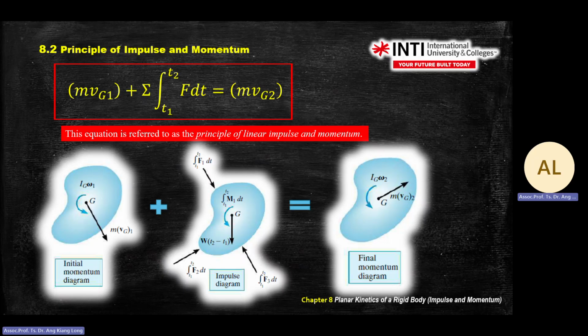Most of the time, the other parameters will be given. You need to predict V and omega using the principle of impulse and momentum. There will be something missing inside the formula.